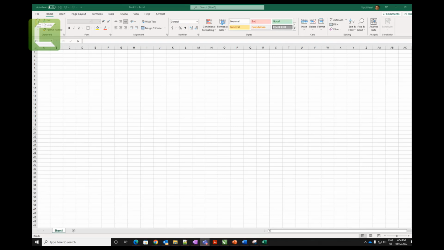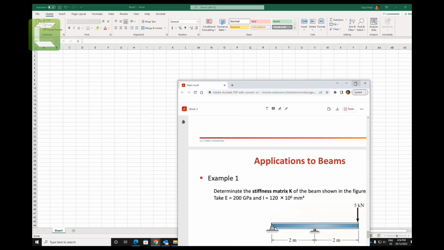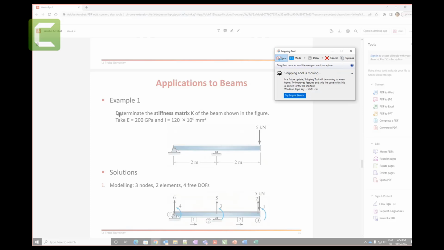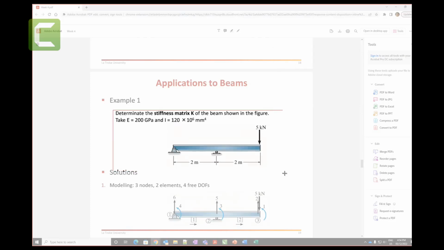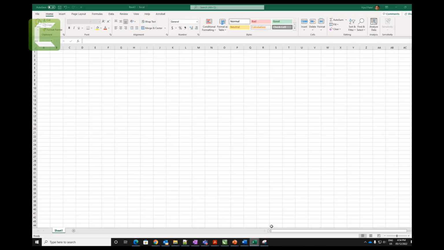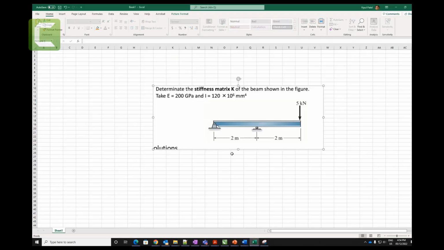So what we have done so far, that we developed, I can show it to you. You remember the stiffness matrix that we developed. I don't want you to blindly follow these ones, but I want you to take these ones, let's say, and put it in the Excel in here.